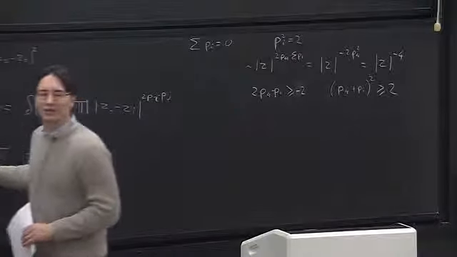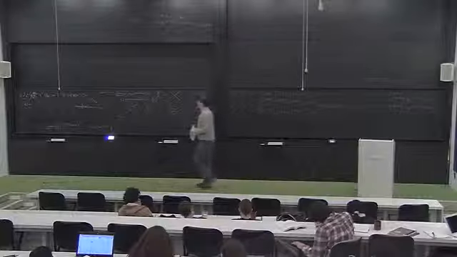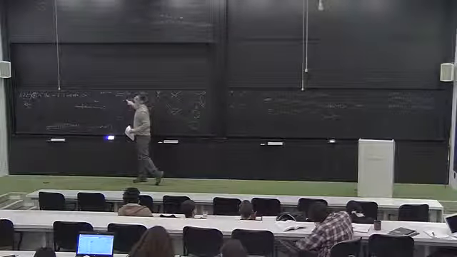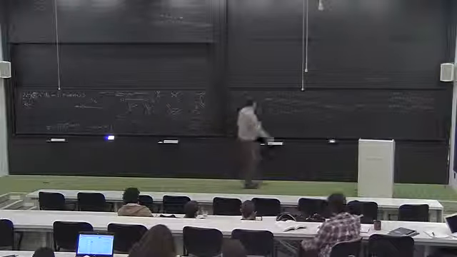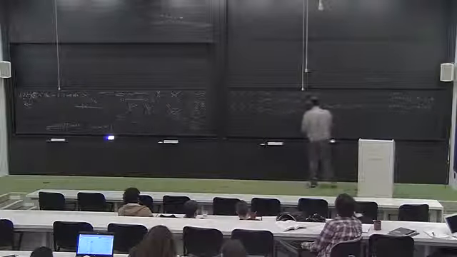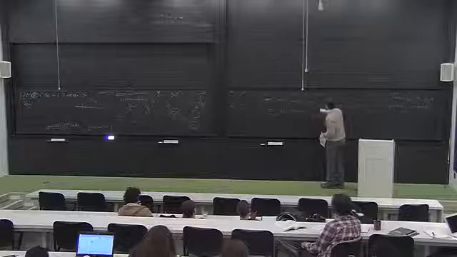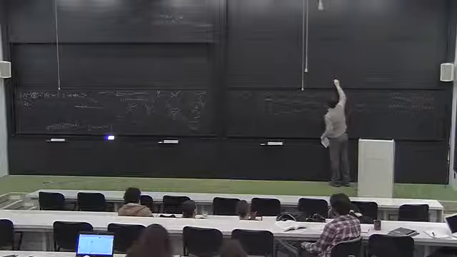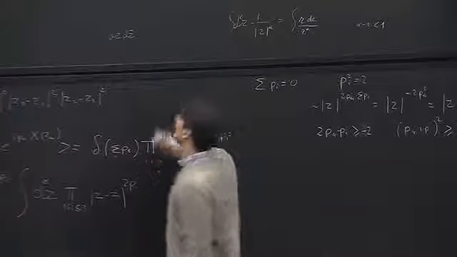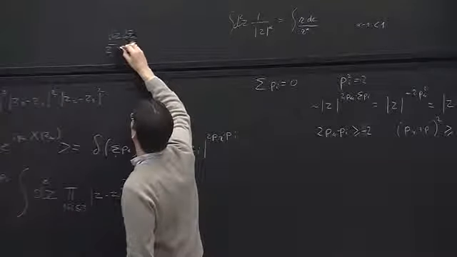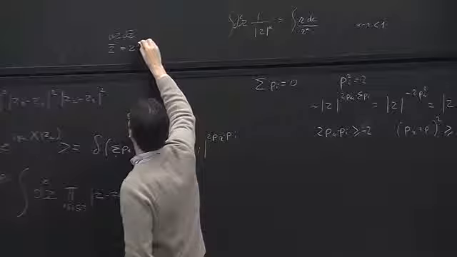You do a Wick rotation here, analogous to the Wick rotation from tau to t. This starts its life as an integral where z bar equals z star.